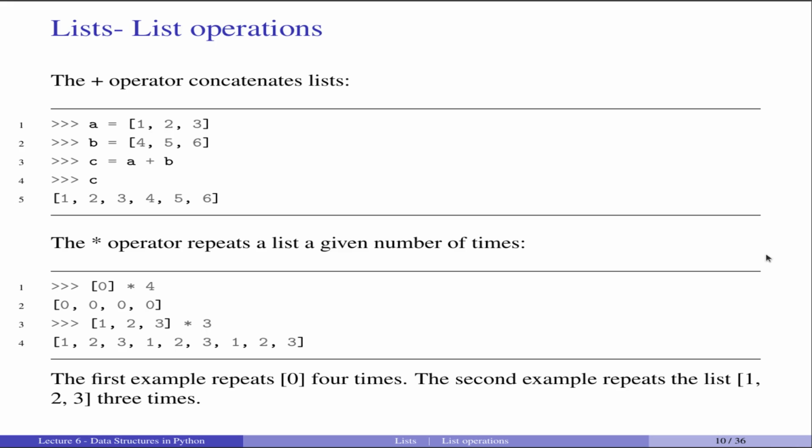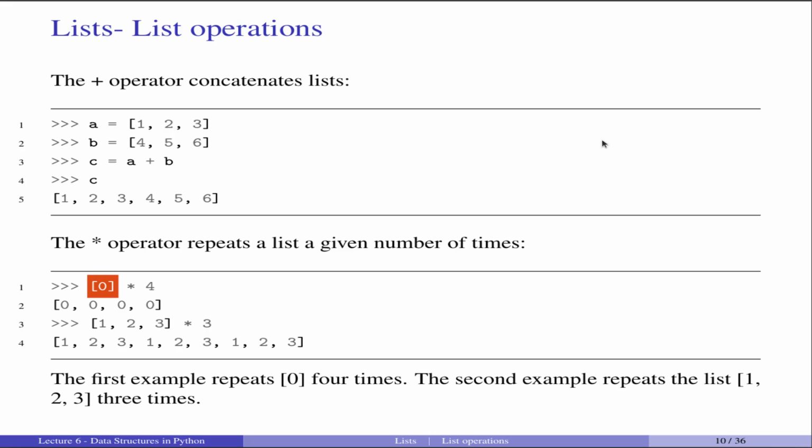The second one is a bit interesting, the multiplication operator. The multiplication operator repeats the elements of a list a given number of times. So for example, if I create a list with 1 element, 0, and multiply it by 4, it will repeat the elements 4 times.